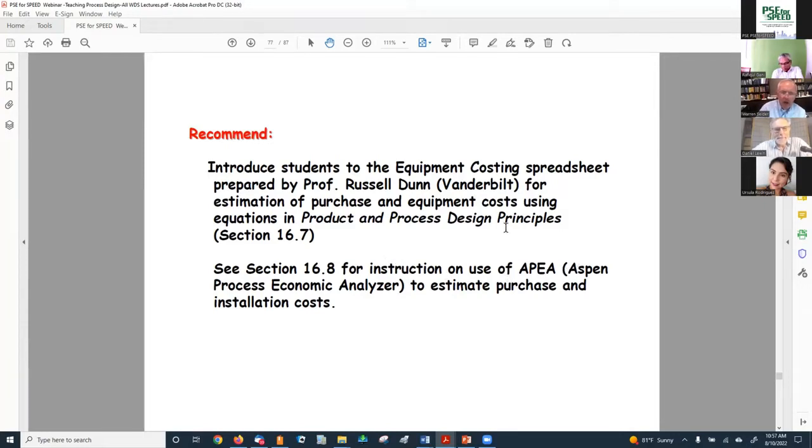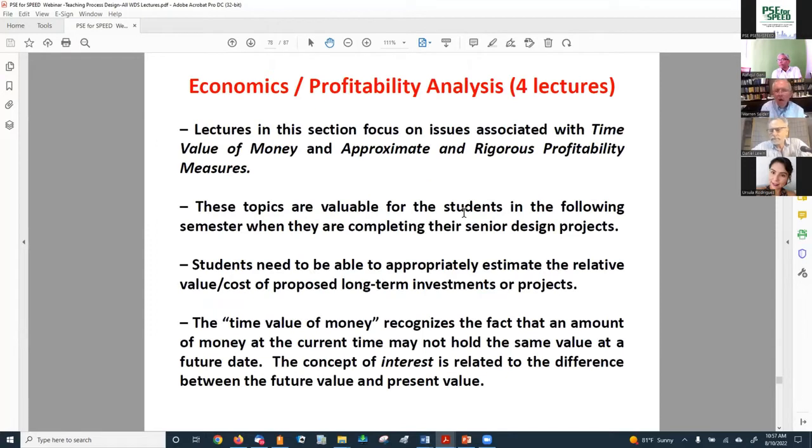You just simply ask it to estimate the purchase and installation costs, and it will just do it straight out. We give instruction in section 16.8 as to how to use the APEA. Wanted to mention that.